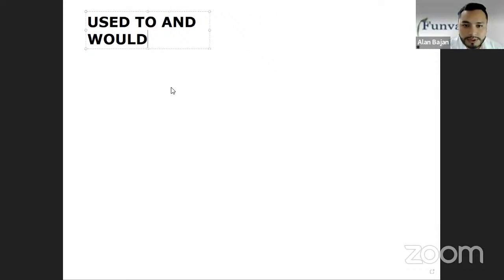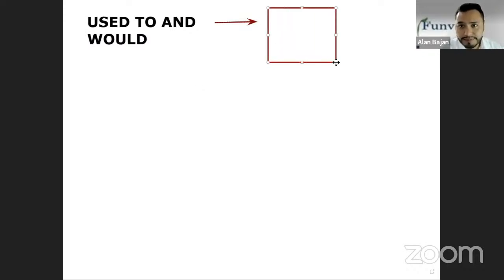Learn about used to and would. So used to and would, we use it to indicate or talk about past habits.